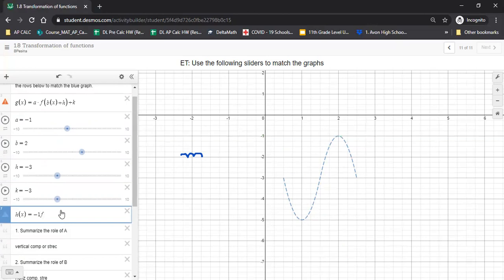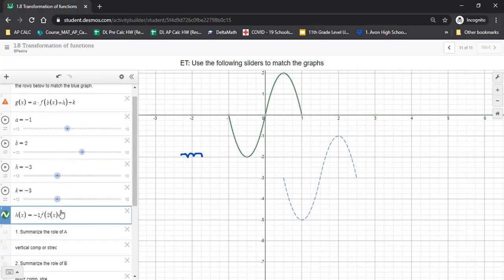Let's see if that still lets me do it. B was 2. My variable was x. And then my h was -3, and my k was -3. Ta-da. And now I got it to be right there.